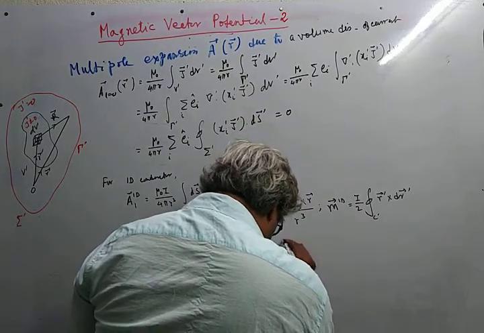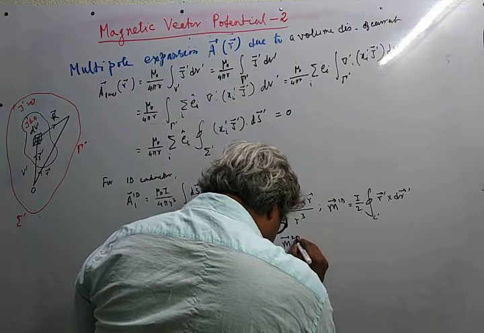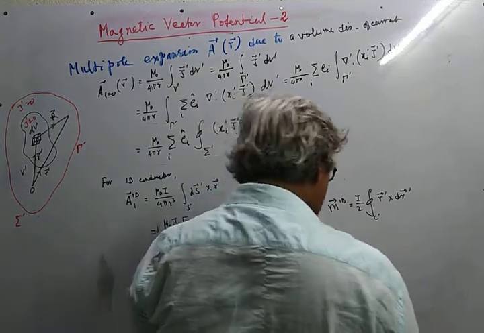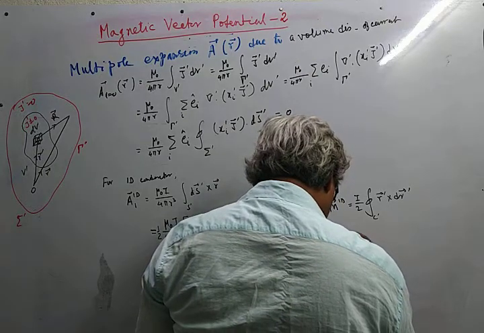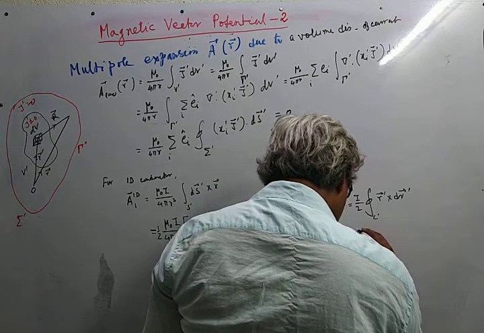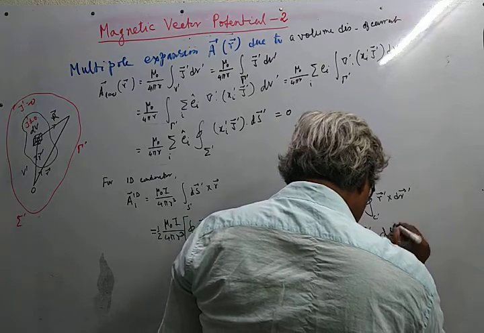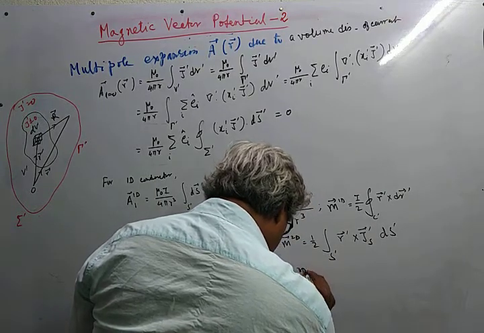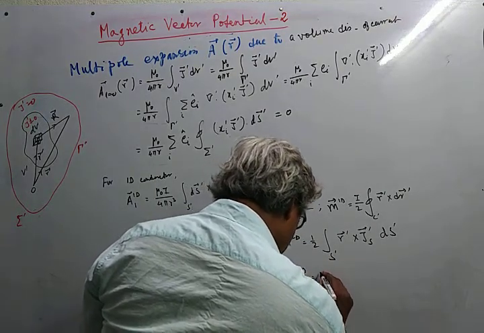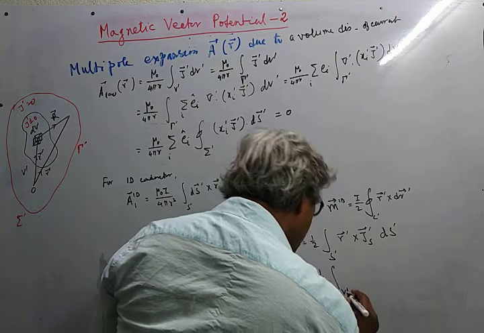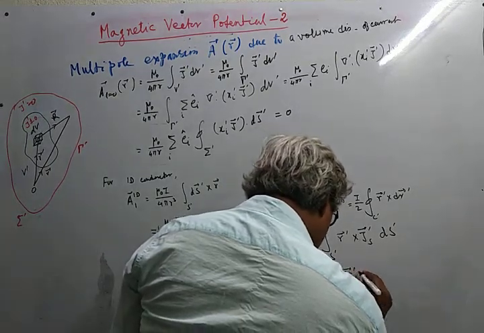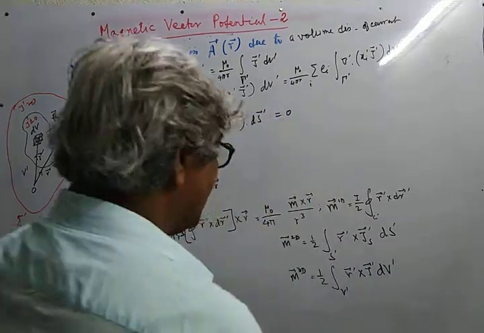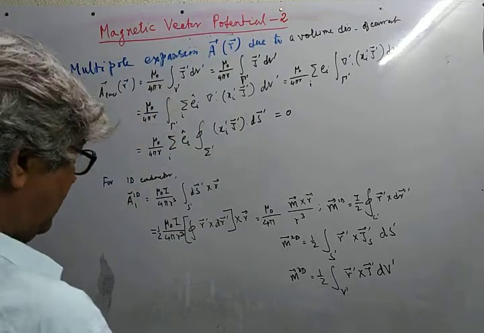So the dipole moment for a 2D conductor is half integration over s prime, and similarly for 3D.